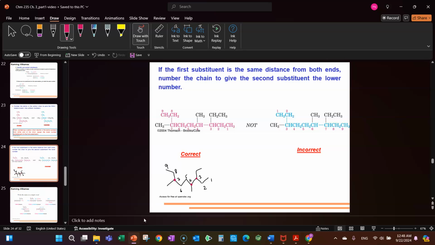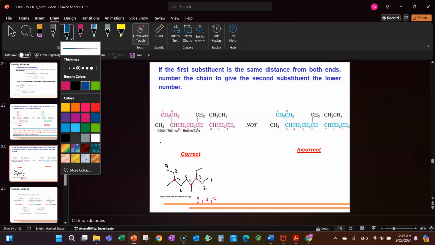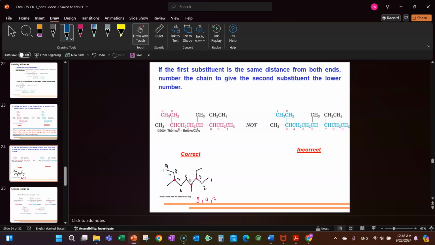Okay. Now, if you had started numbering from this end, okay, so here with the numbering from the left side, you have substituents at the third, fourth, and seventh. Now, if you start numbering from the other end, 1, 2, 3, 4, 5, 6, 7, 8, 9, right?